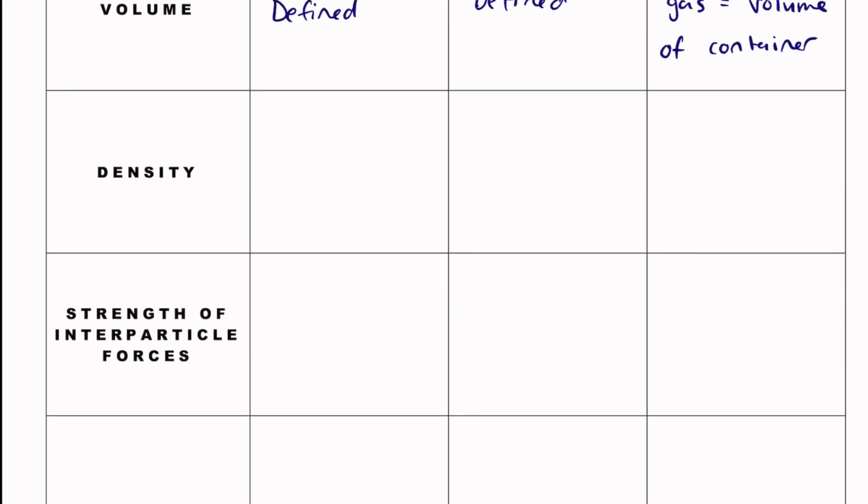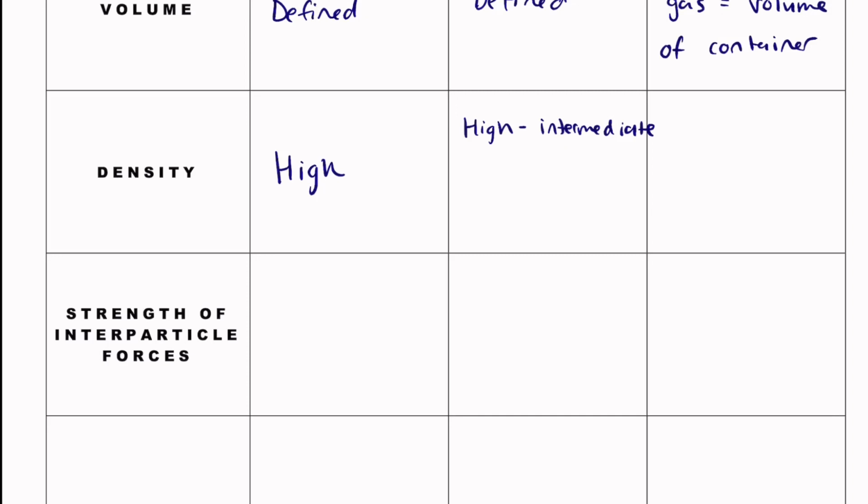The density, you may be aware of this. The density of solids tends to be high. Liquids also tend to be high, but I'm just going to put high to intermediate. There are plenty of examples of a liquid being more dense than a solid, but a great example would be solid water is less dense than liquid water, and that's why we see ice floating on water.